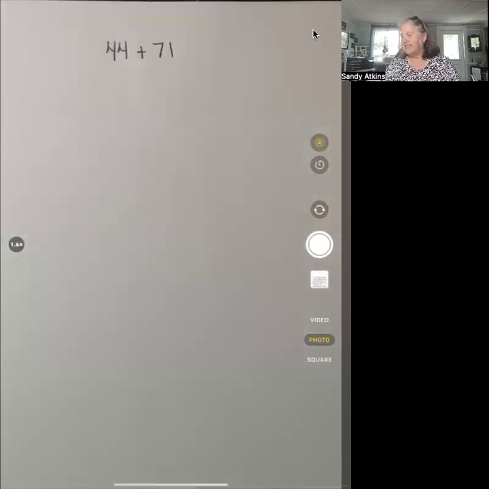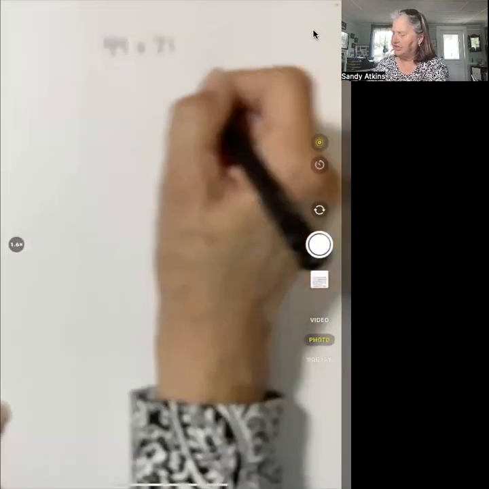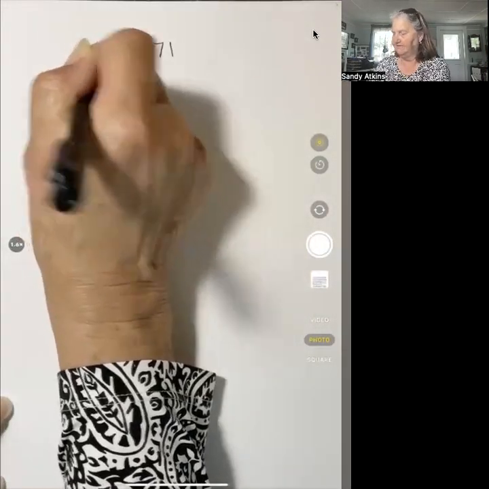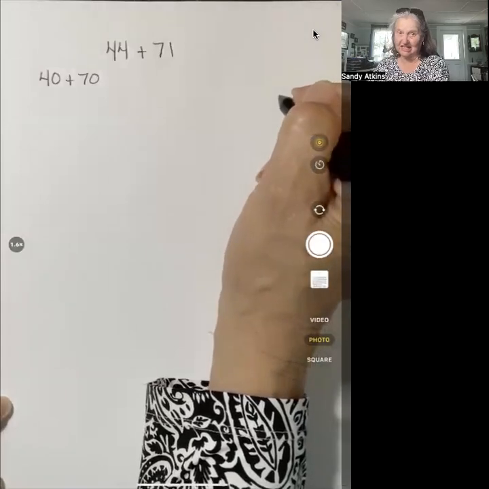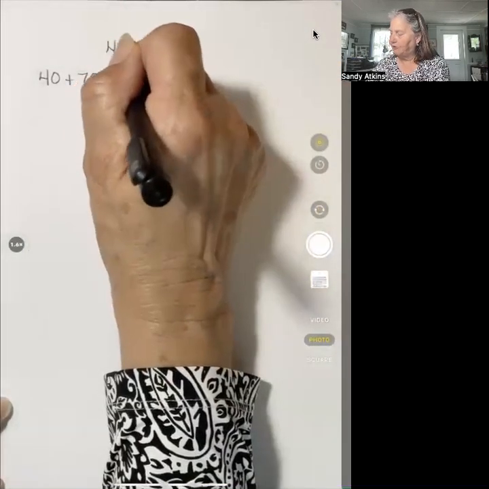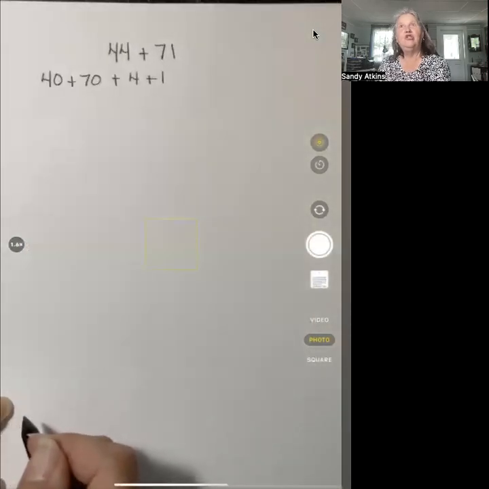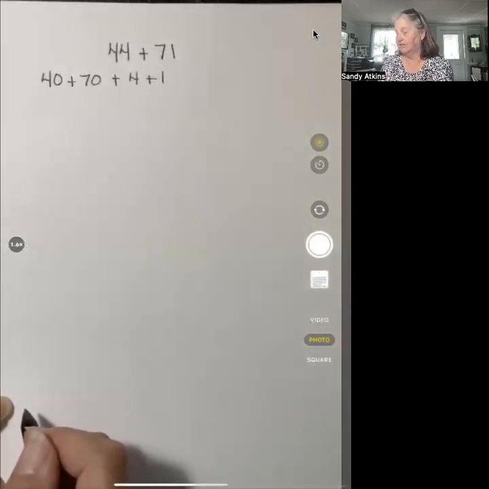And you may see, depending upon your child's comfort and what they're used to, if I understand combining like units, you may see your child do something like put the 40 and the 70 together, 4 tens and 7 tens together, and put the 4 ones and the 1 together.